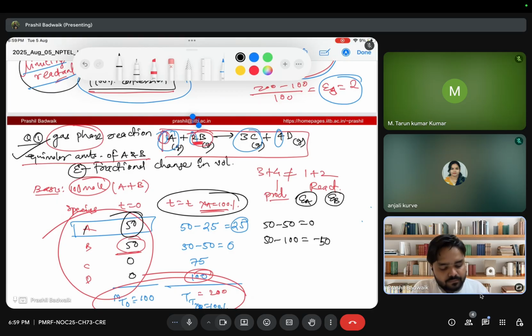Then 50 moles of A, so how many moles of C will form? Thrice of that, so it is 75. 75 plus 0, as we were not having any C in the feed.